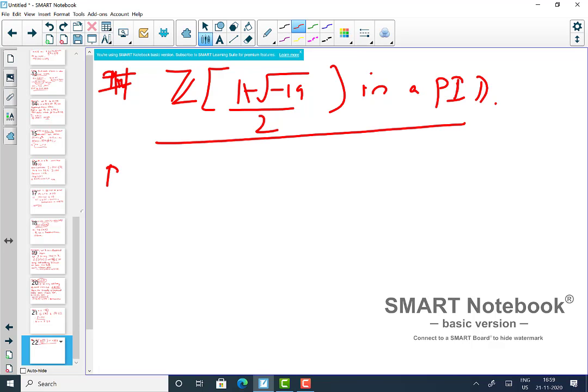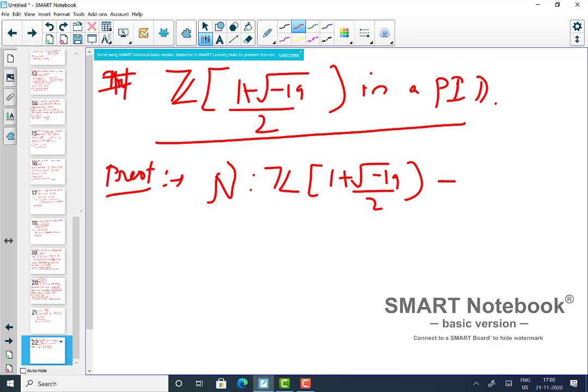This is not easy to check, but it's known actually. Define this norm as follows. What are the elements of this ring?